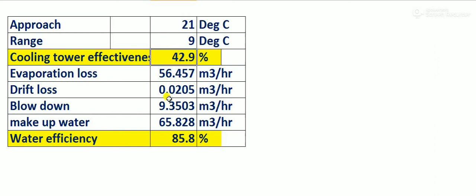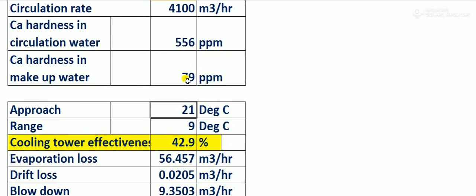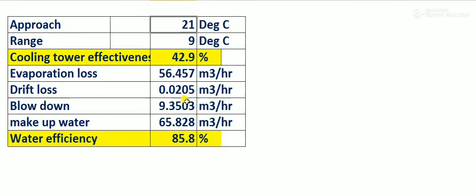So if approach is more, that means the wet bulb temperature is less and our hot water temperature is more, then our fan capacity can go lesser. Compare, if it is 21 giving approach, in the winter season this will go to around 30 degree, which means definitely you can reduce the blade angle and there will be power savings.